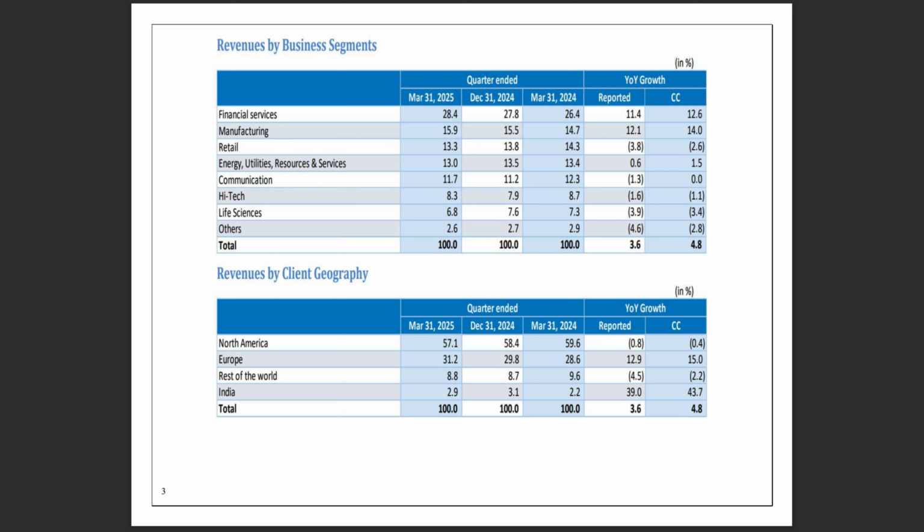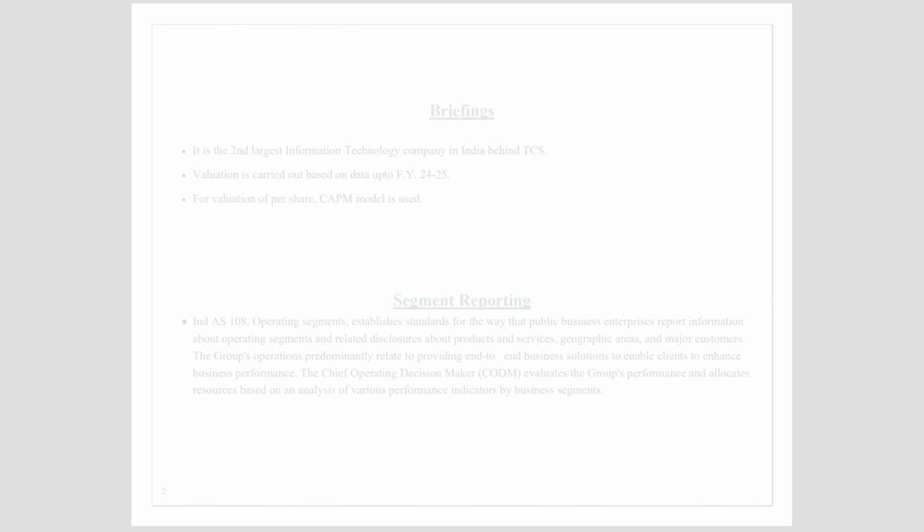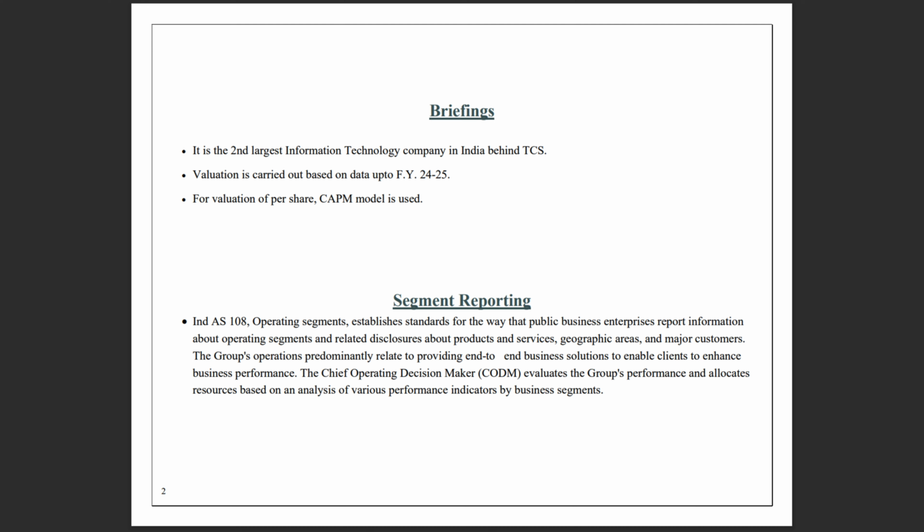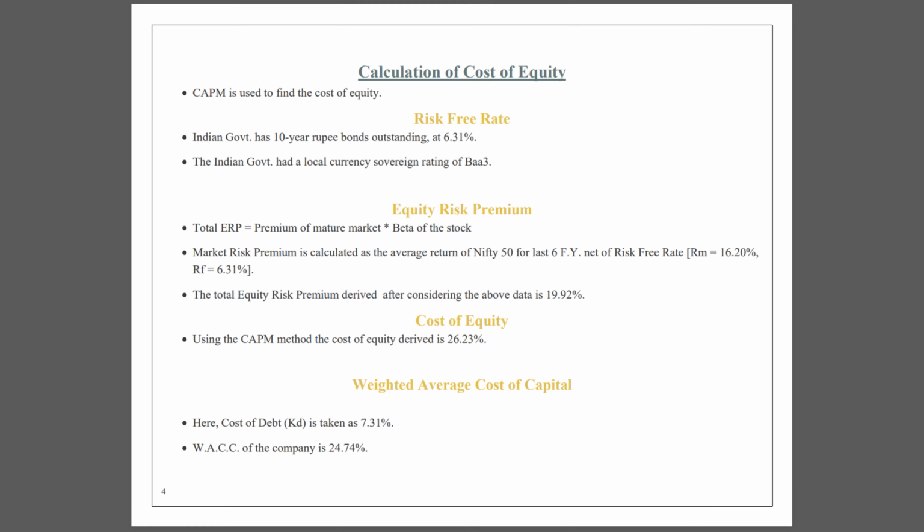If we look at the numbers of Infosys, we will find that a major part of revenue is formed by the financial services, and it is highly prevalent in North America. The company has a good global presence.